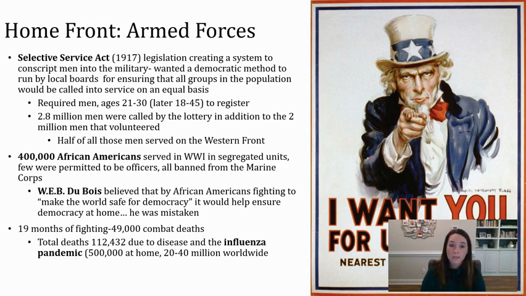However, Du Bois believed that Black men needed to sign up and fight, because if we're making the world safe for democracy abroad, then when we come back in our uniforms after we've won the war, surely that will show white supremacists and white Americans that we have to have democracy at home as well.